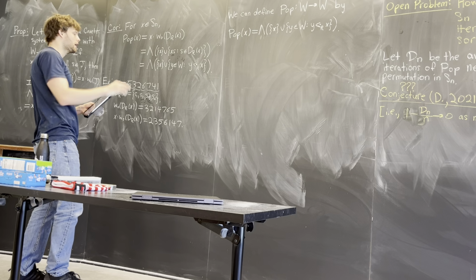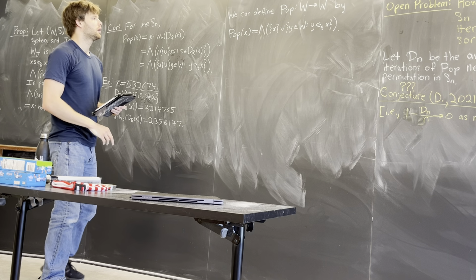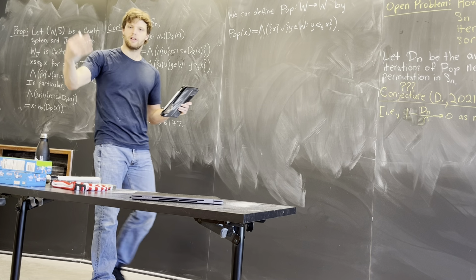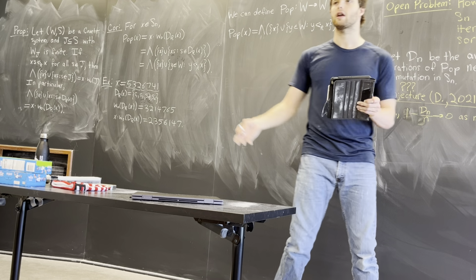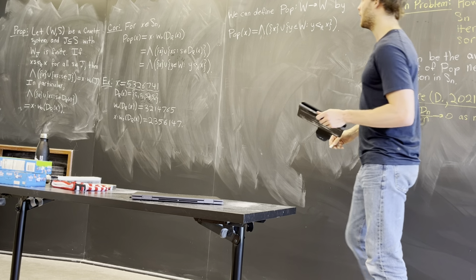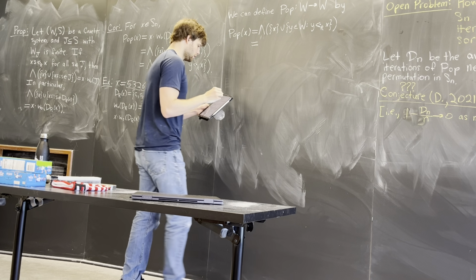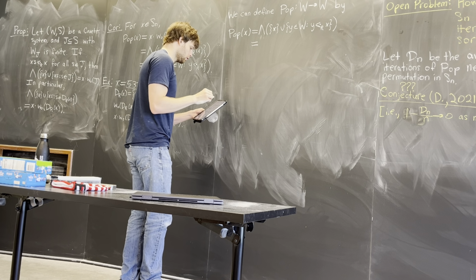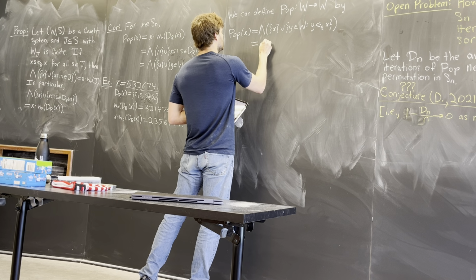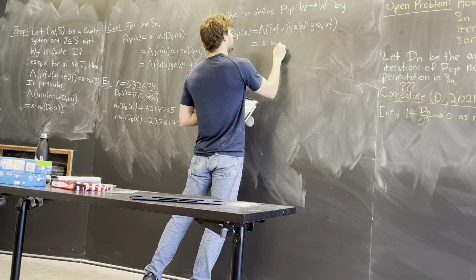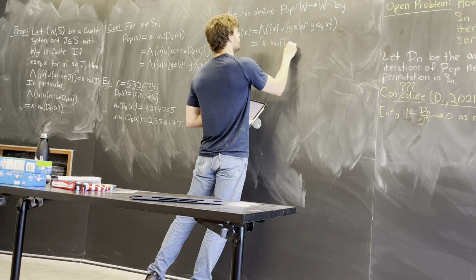And the meet here is, again, in the right weak order. Right, so we're using the fact that the weak order is a meet semilattice, so I can take a meet of any set of elements. And this is equal to X times w naught of D_R of X.